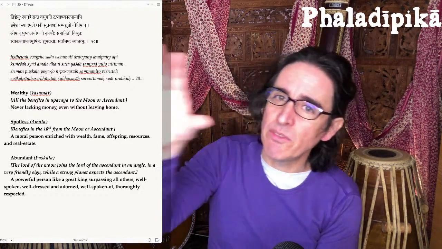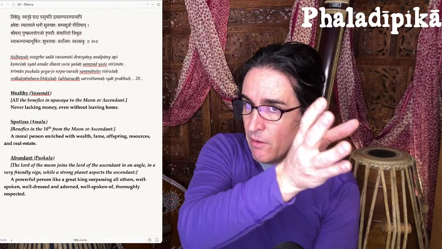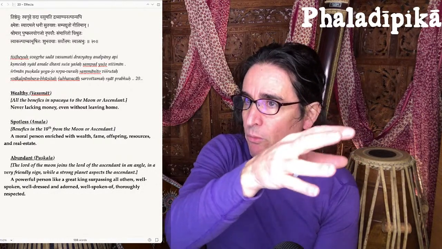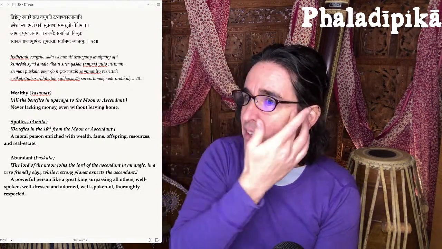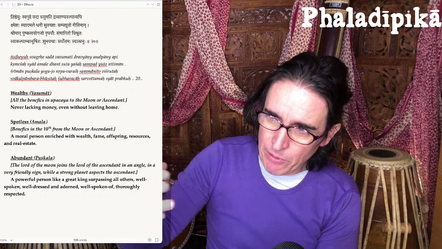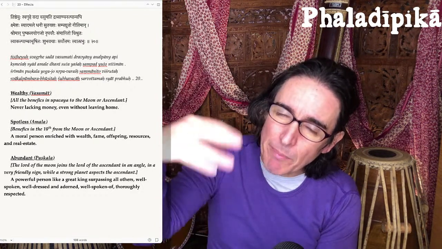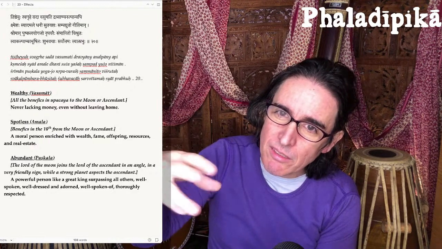Or vice versa, if you have a male with a male Mahabhagya Yoga, then you have a classical, hard stereotype masculine figure. But if you have a male with the female things lining up, then you have a man who is strong, kind of impervious in basic nature, with the patience, intelligence, and sensitivity of a female.